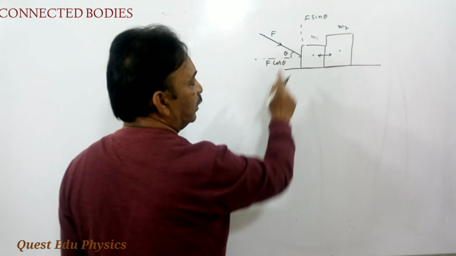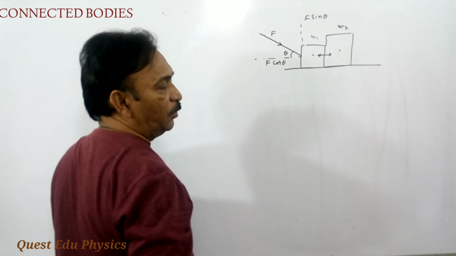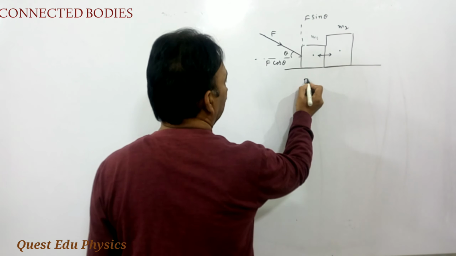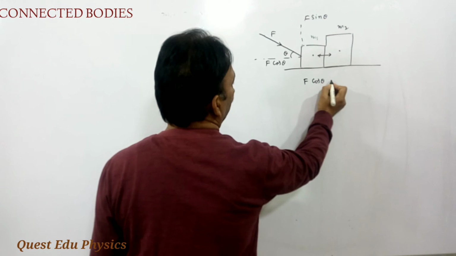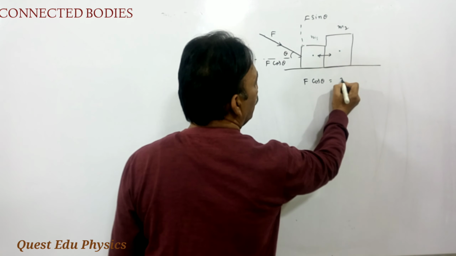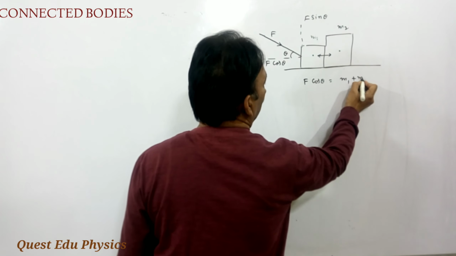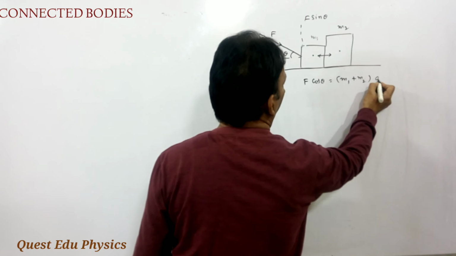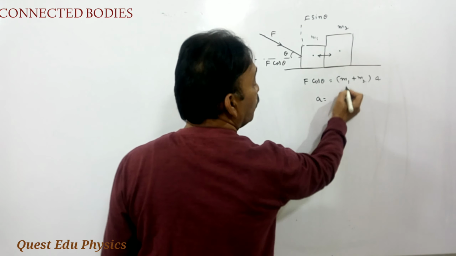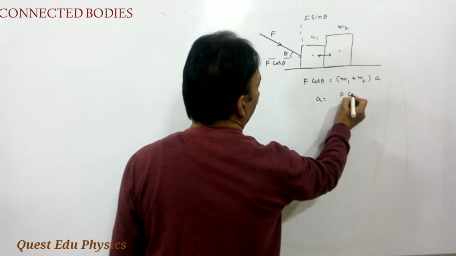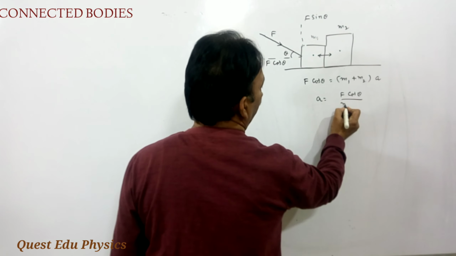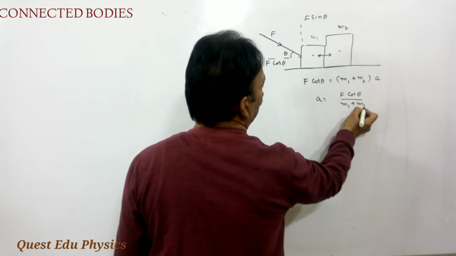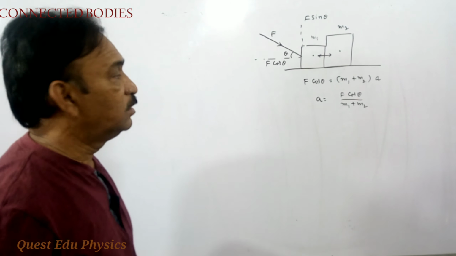Here F cos theta is responsible for the motion of the body. That is, you can write F cos theta is equal to (m1 plus m2) times A, and A is equal to F cos theta by m1 plus m2. Okay, students?